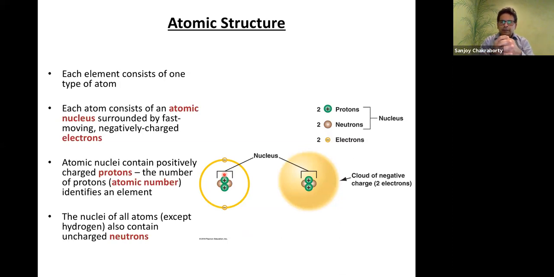And electrons are rotating around them like planets revolving around the sun. We call them literally orbit or shell. So all the positively charged protons and neutrons are right here, and negatively charged electrons are revolving around the shell, around the nucleus.